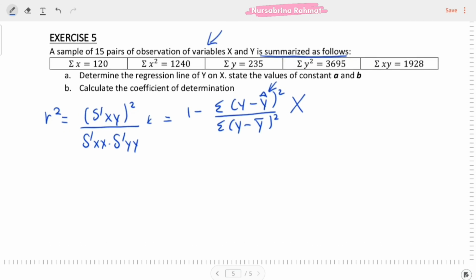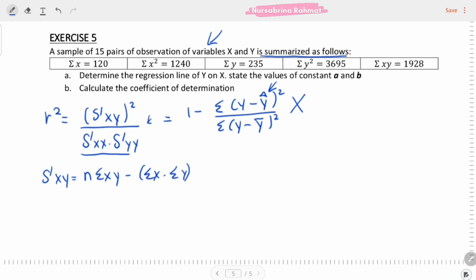So that leaves you with one simple equation, which is s prime xy square over s prime xx multiplied with s prime yy. Therefore, you have to find your s prime xy, which is n sum of xy minus sum of x multiplied with sum of y.